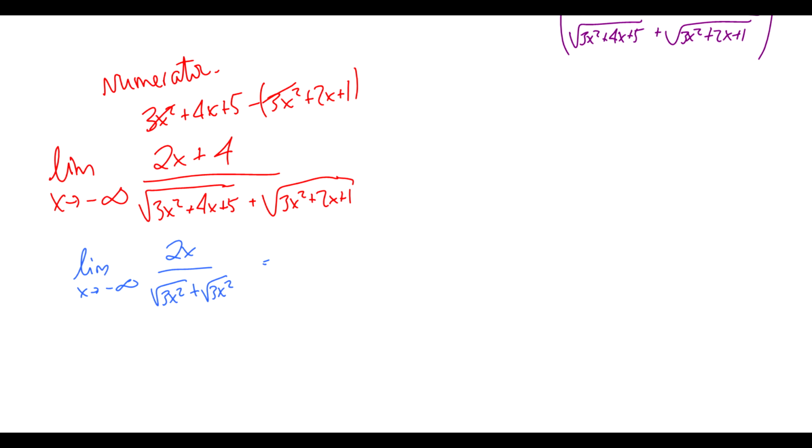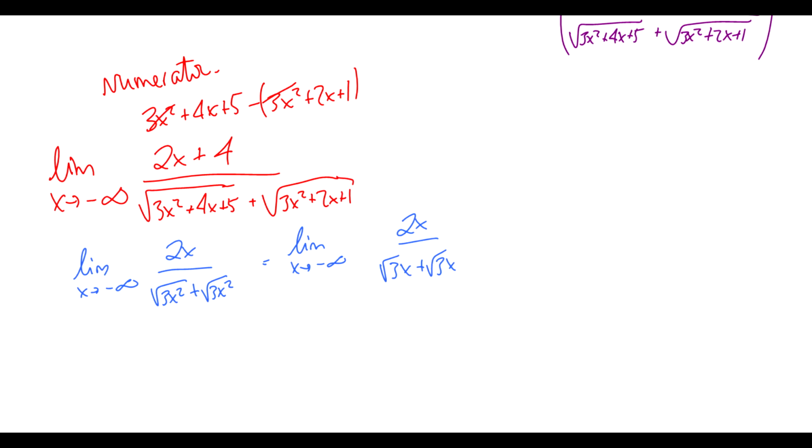Now we'll take the limit as x goes to negative infinity of 2x over root 3x plus root 3x, which is going to be, as we take the limit to negative infinity, the top is going to end up being a negative number.